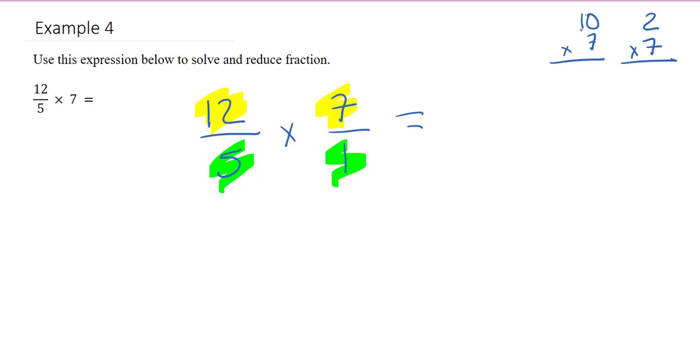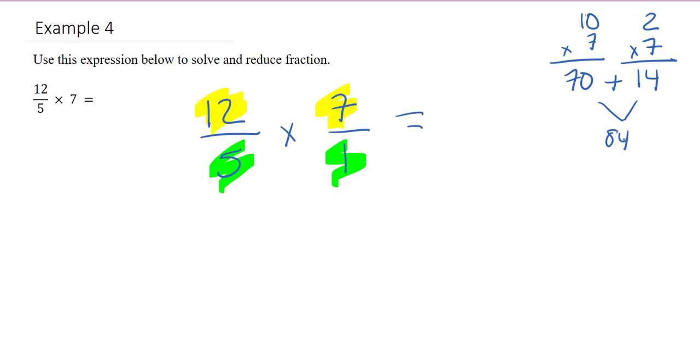Anytime you do 10 times 7, or 10 times any number, it's just going to be that number with a zero, so it's going to be 70. If it's 10 times 5, it'd be 50. Now we know 2 times 7 is 14. We add these up, and that's 84.